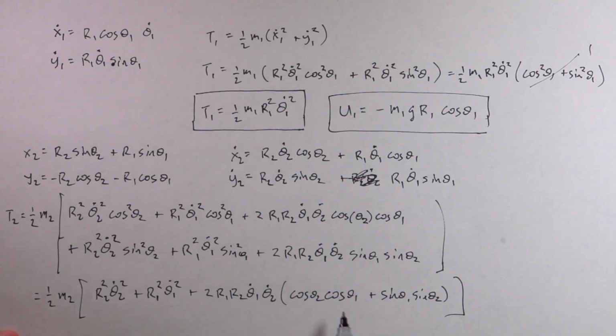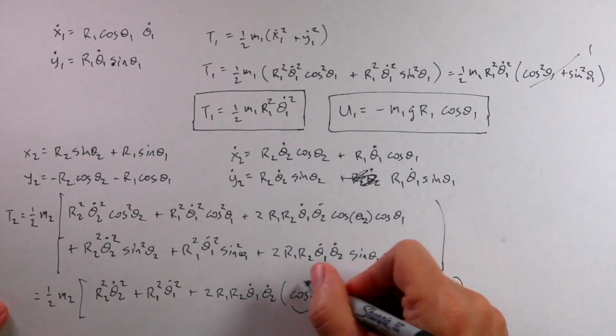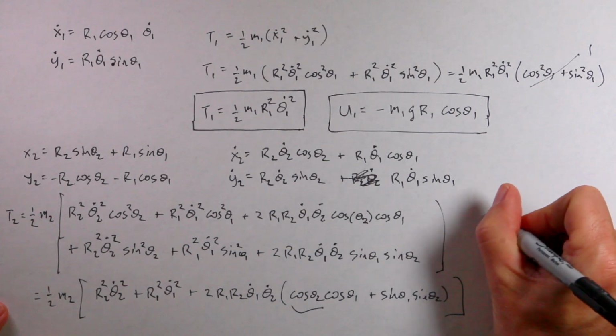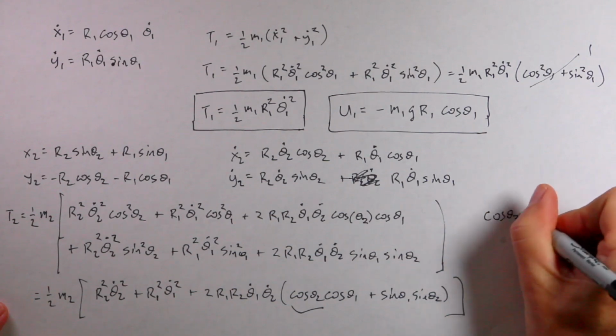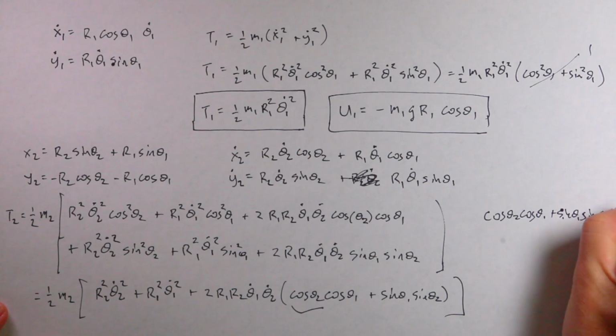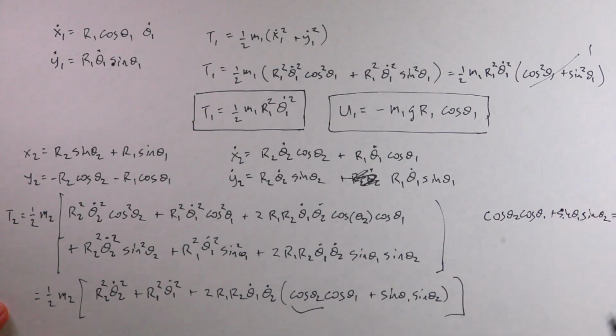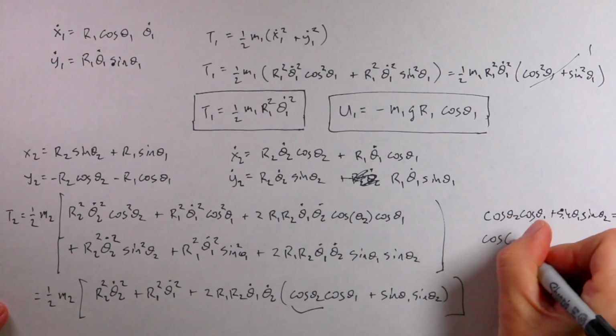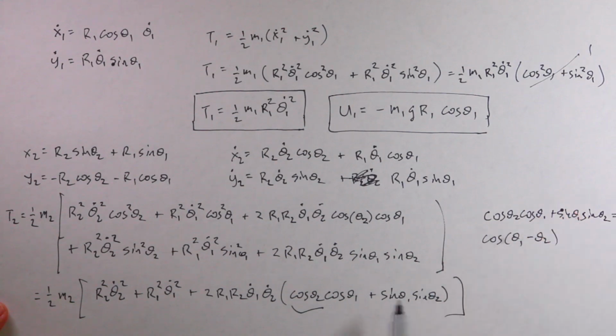Okay, so cosine theta 2 cosine theta 1 plus sine theta 1 sine theta 2 is equal to cosine of theta 1 minus theta 2. So that's a little bit nicer. I can put that in right there.